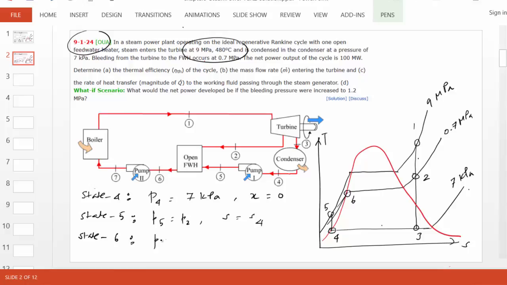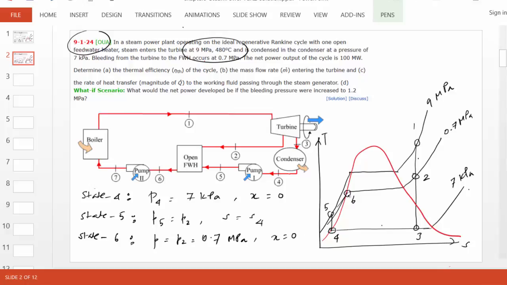So pressure is the same as P2, which is 7 kPa. Sorry, not 7 kPa, 0.7 MPa. And x equals 0. Well, how do we make sure that at state 6 the quality is 0?